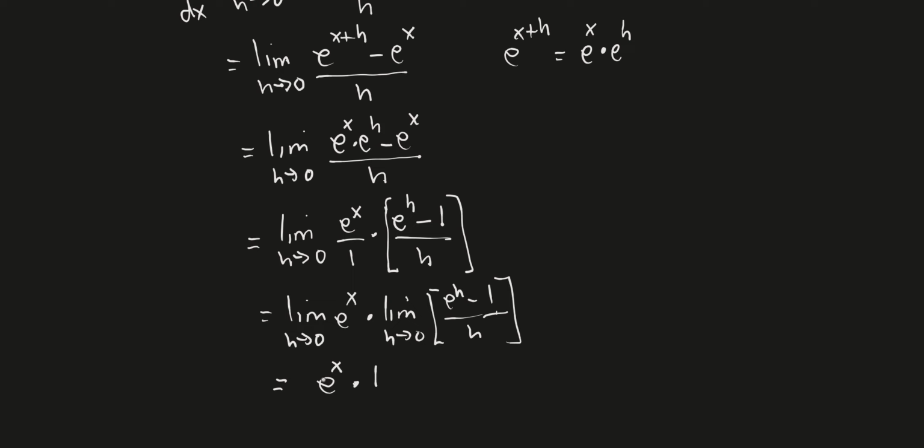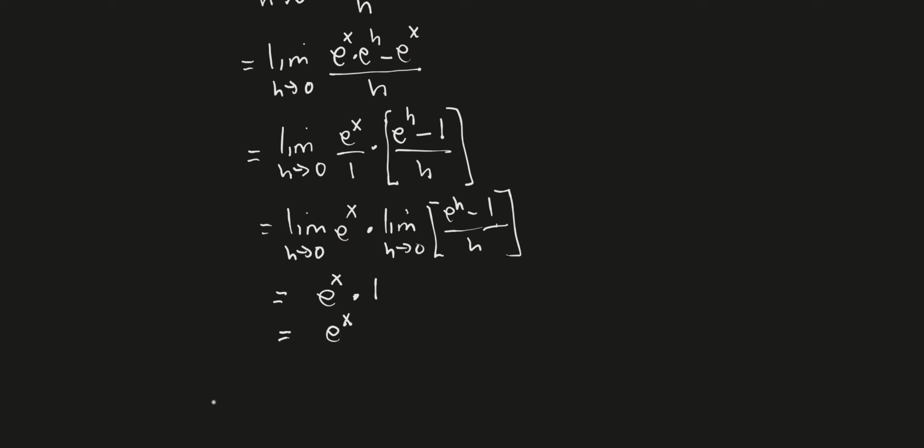And so what do we have left? e to the x times 1. So this is e to the x. That is pretty remarkable because that's the function we started with. We started with e to the x. We do our differentiation process through the limit, and the result is still e to the x, right?